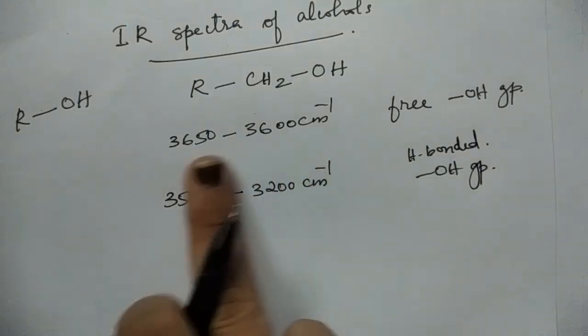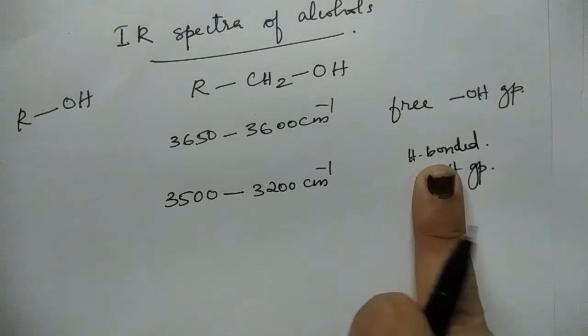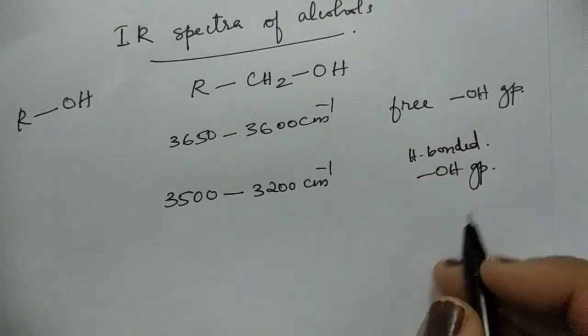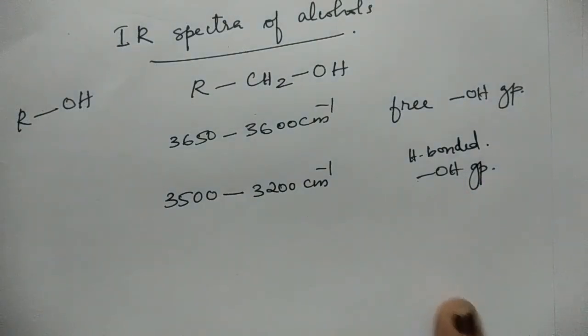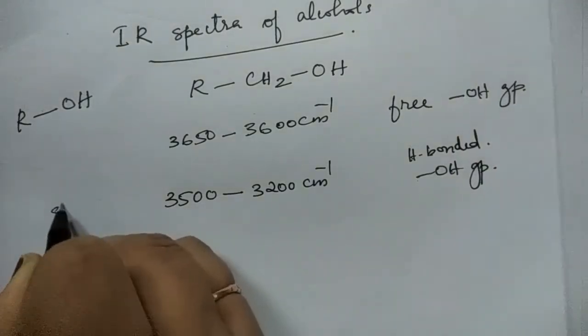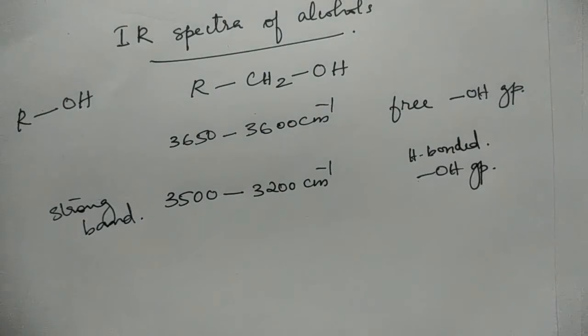So if you get a peak over here, it means that there is a hydrogen bonded OH group in it. That is mostly the bending vibrations, and you get a very strong band over here.